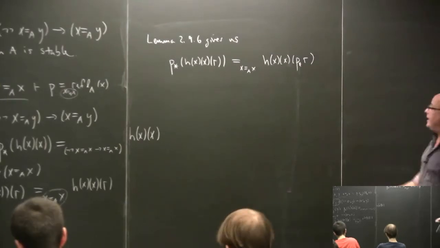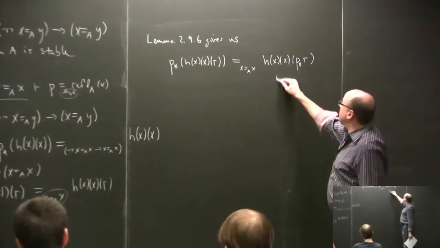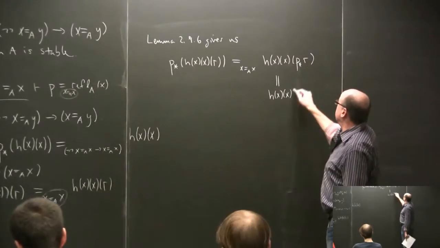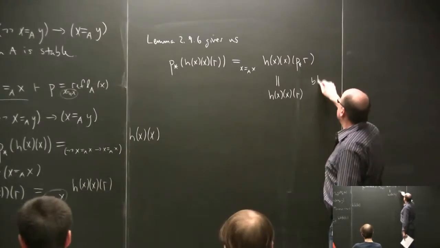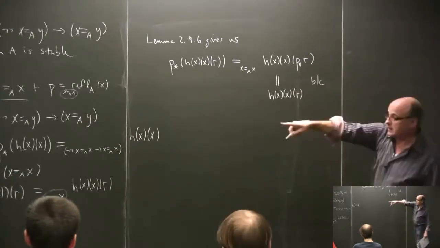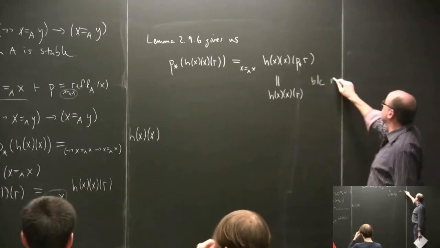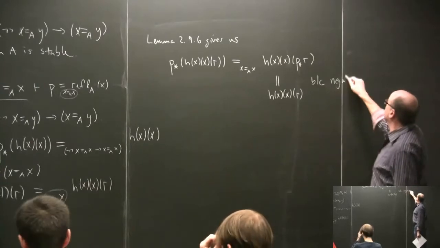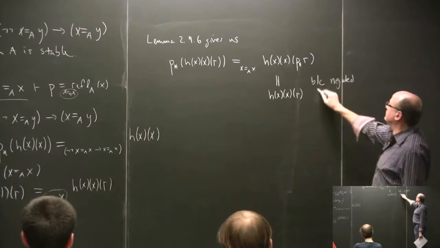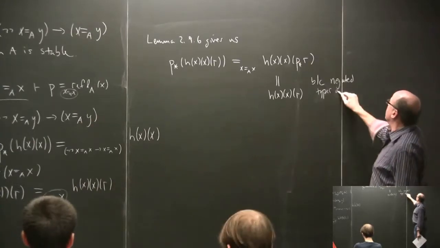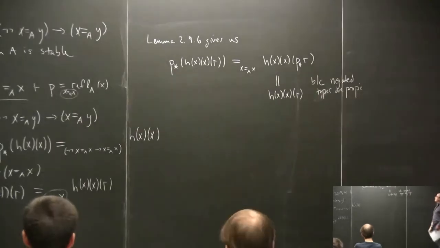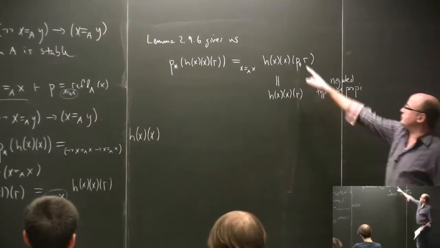Now, I'm going to claim this is h of x of r, because negated types are props, the thing that I mentioned over there, homotopy props, meaning they have at most one proof. So those two things are equal.